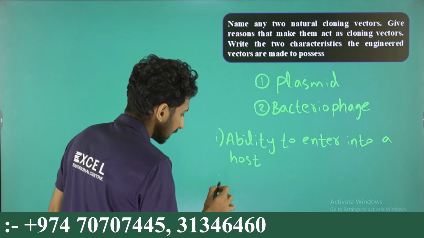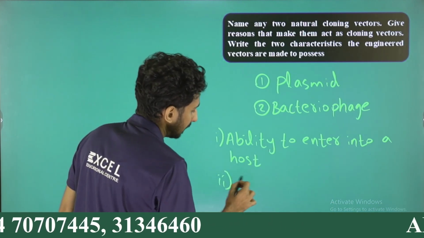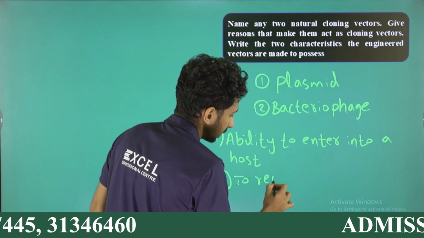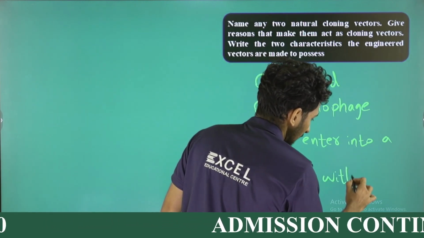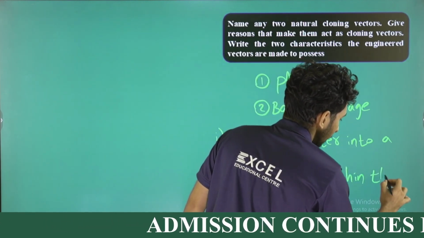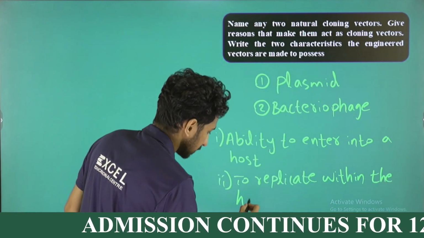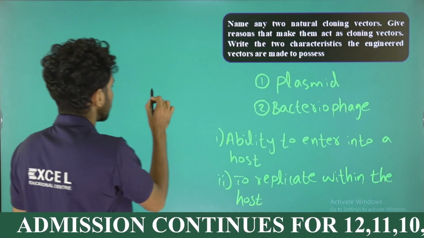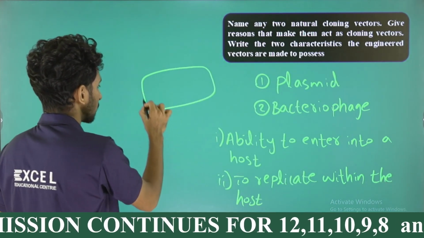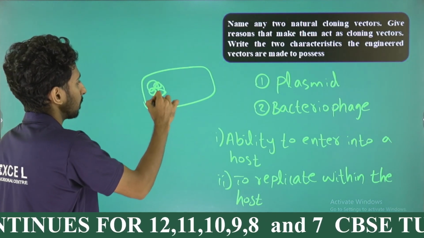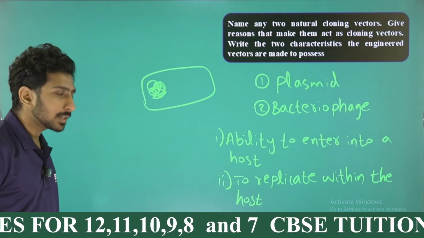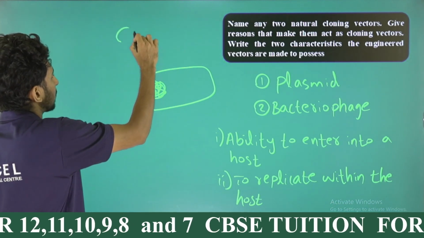Okay. Second one, ability to replicate within the host. Okay, see, this is a host cell. Okay, host bacteria. Okay, this is the chromosomal DNA of bacteria. Listen, see, this is a vector.